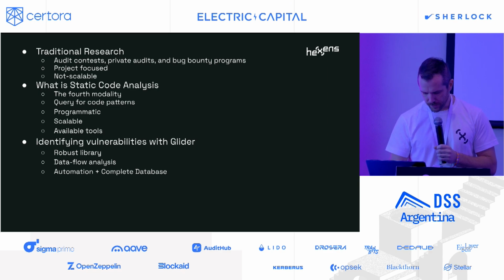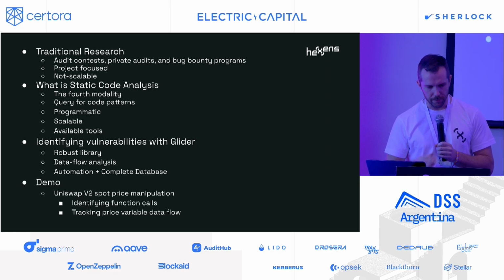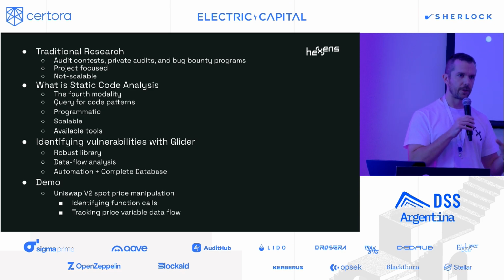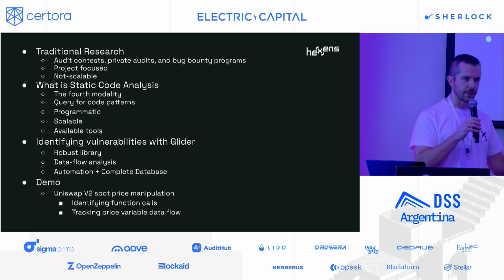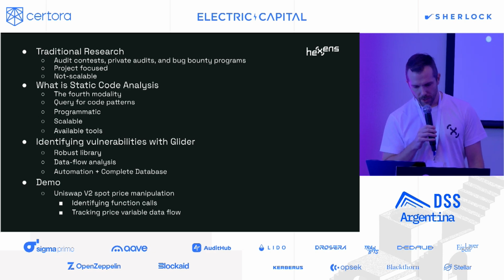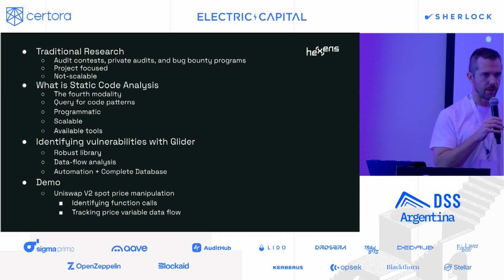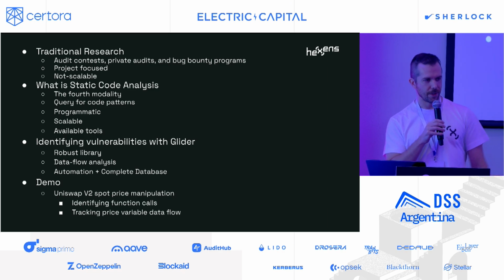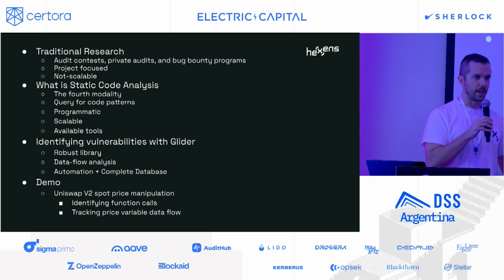So what I want to show next is a demo of a Glider query that looks for a very famous and old vulnerability called Uniswap v2 spot price manipulation using the getAmountsOut function. This function returns a price that is then used in a swap.